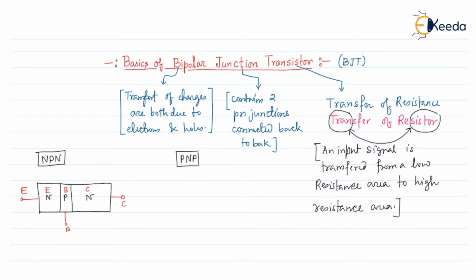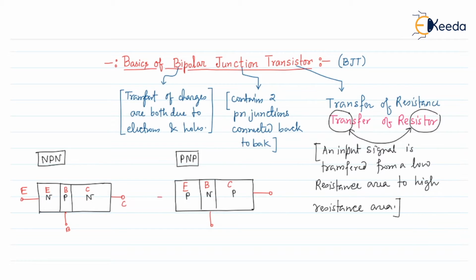Similarly, we can draw a simple block diagram of a PNP transistor, which looks like this. First a P type region, next an N type region, and next another P type. We can name them the emitter region, the base region, and the collector.